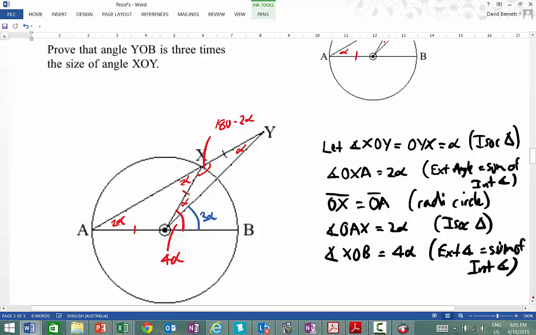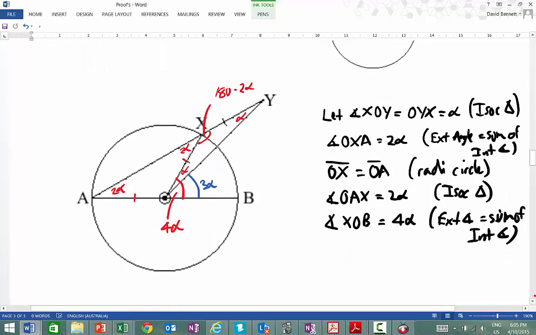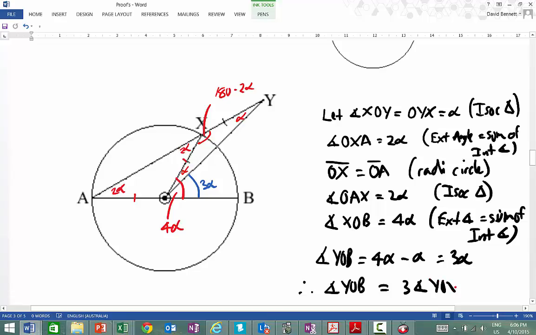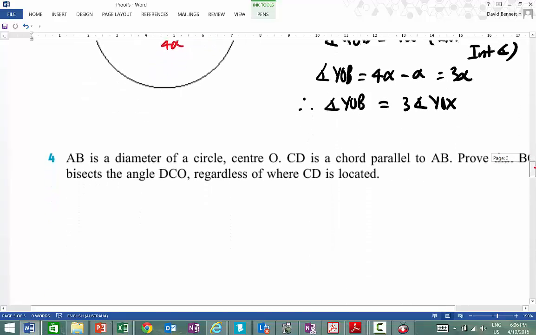And then, so therefore, we can say that angle YOB is equal to 4 alpha take alpha, which is equal to 3 alpha. Alright, so therefore angle YOB is equal to 3 times the angle of YOX, and we've proven what we need to prove. Alright, so again using the same sort of things over there.